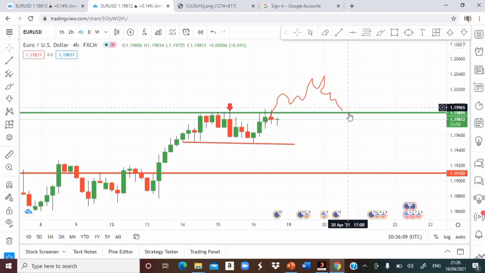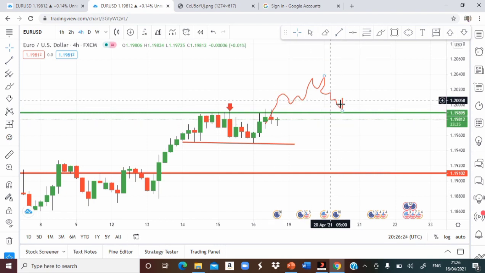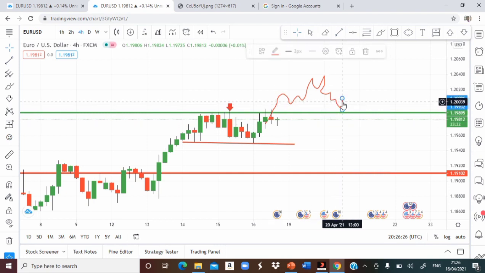Now, if price breaks through this zone, you want it to come back and test here. If it tests here and then does something like this again, let me change this to a green candlestick. This could be it.